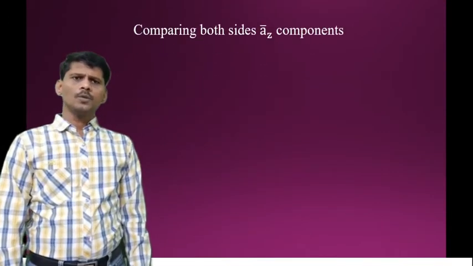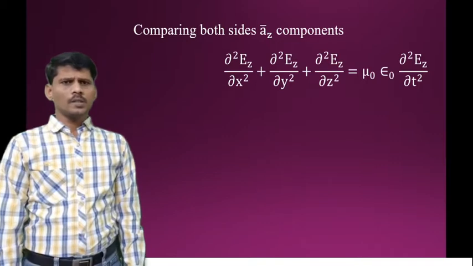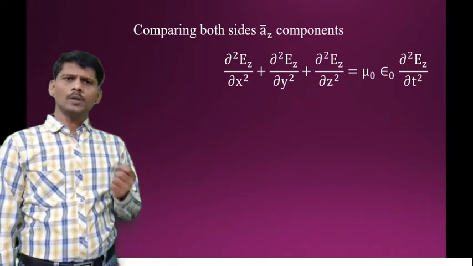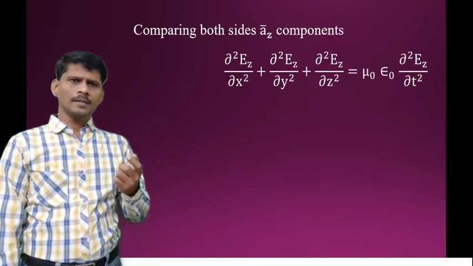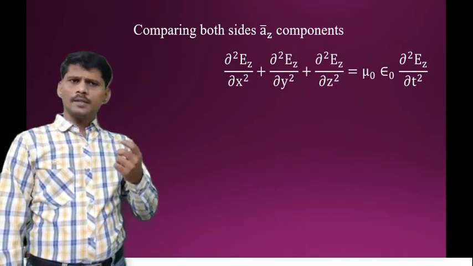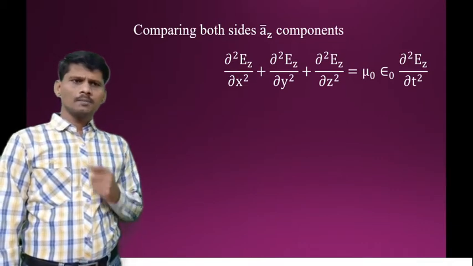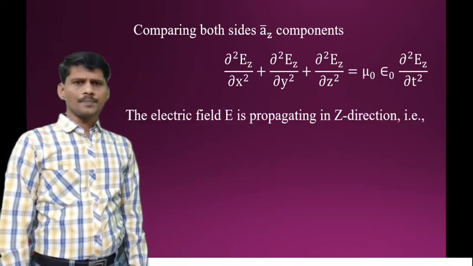And comparing the Az bar components, we have dou square Ez by dou x square plus dou square Ez by dou y square plus dou square Ez by dou z square is equal to mu naught epsilon naught dou square Ez by dou t square.